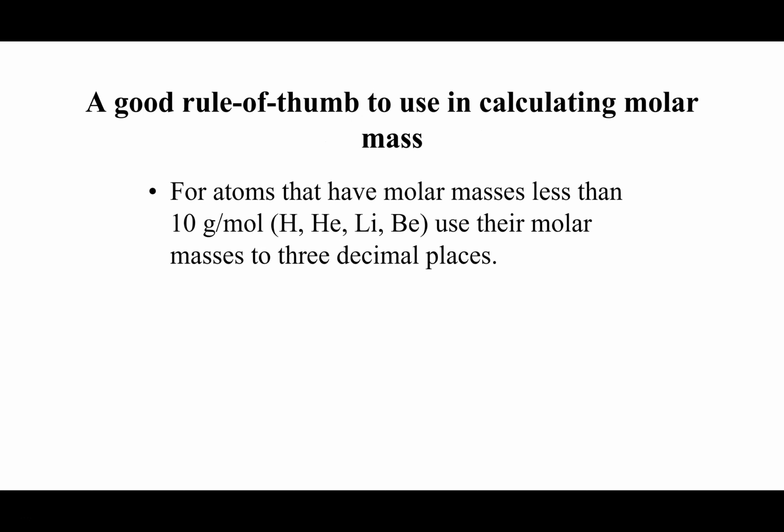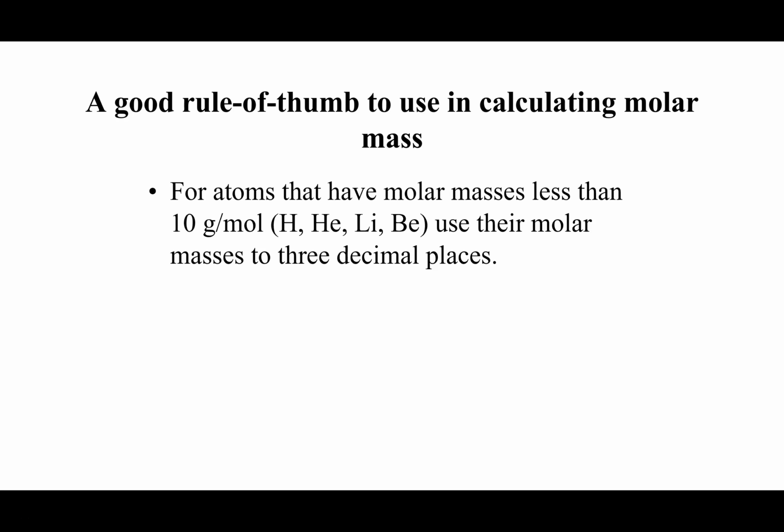I've been talking about the 2 decimals for the problem we just worked, but here's the whole 3 decimals, 2 decimals, 5 decimals. In general, if you're dealing with something that weighs less than 10, like beryllium at 9.012182, you go with 3 decimals.